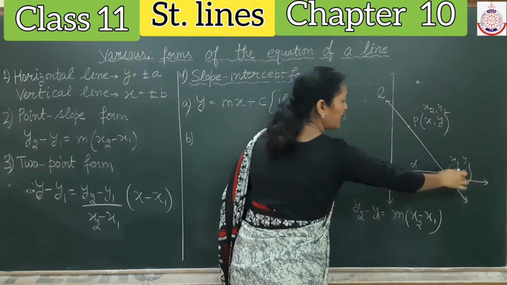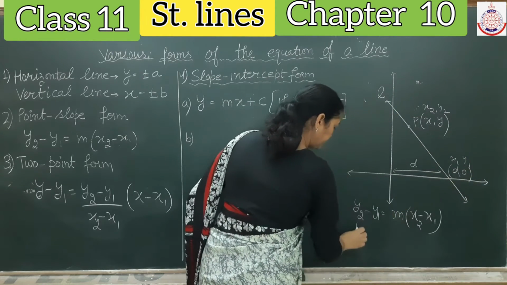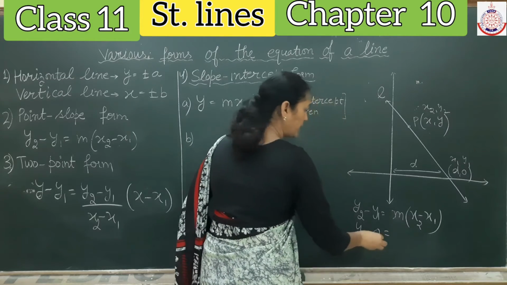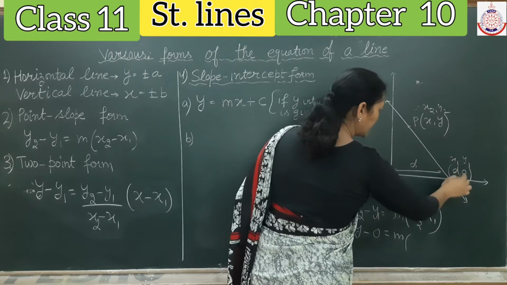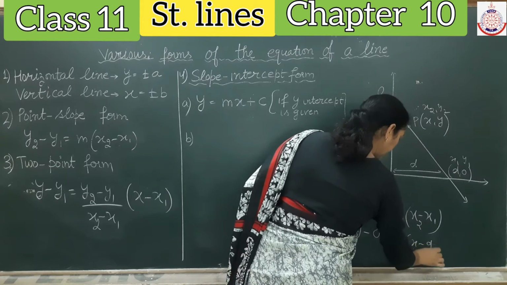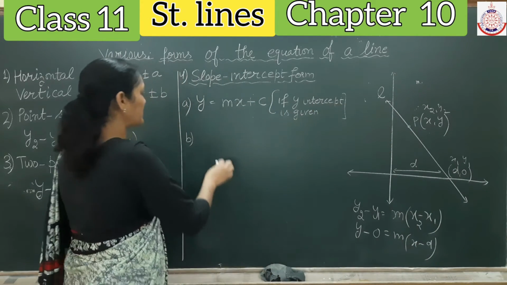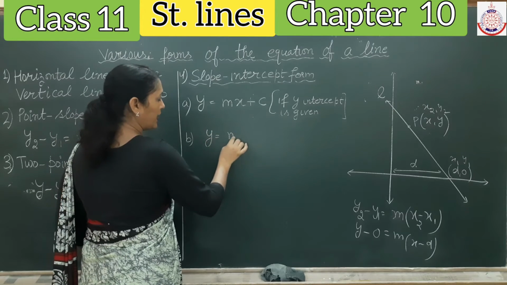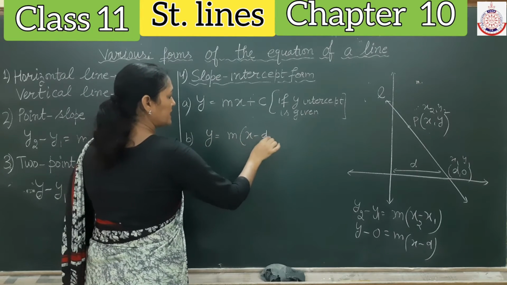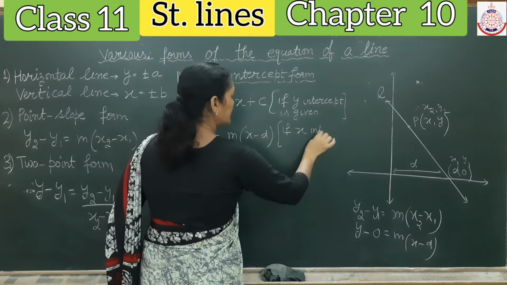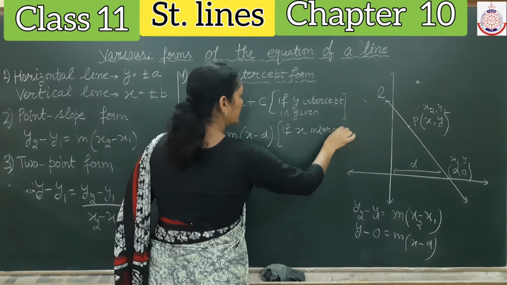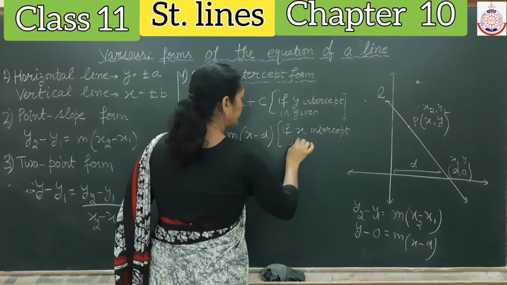So y2 minus y1 will become y minus 0 is equal to m times x2 minus x1. x2 is x and x1 is d. So in that case, the equation will be y equals m times (x minus d). This is the case if x-intercept is given.